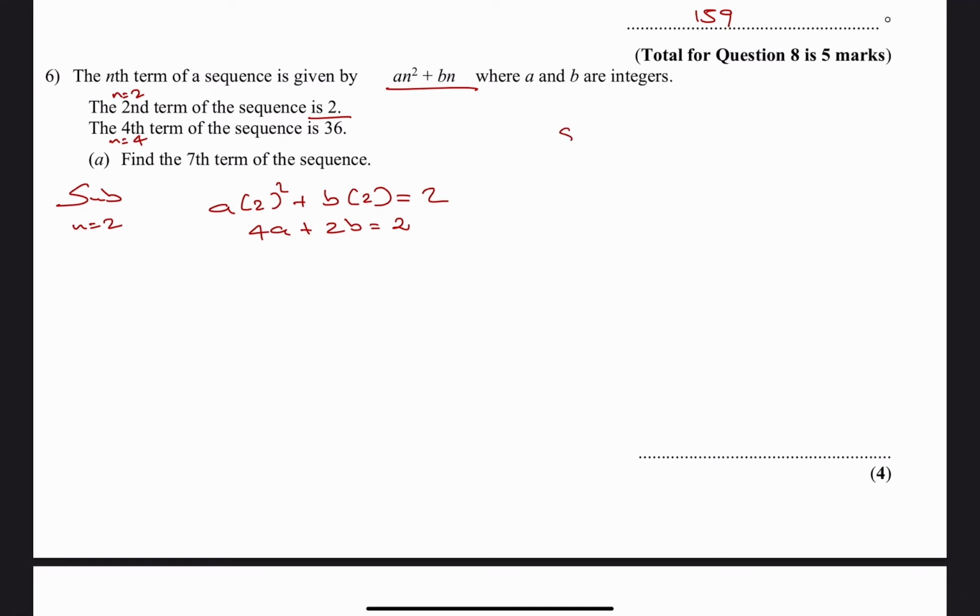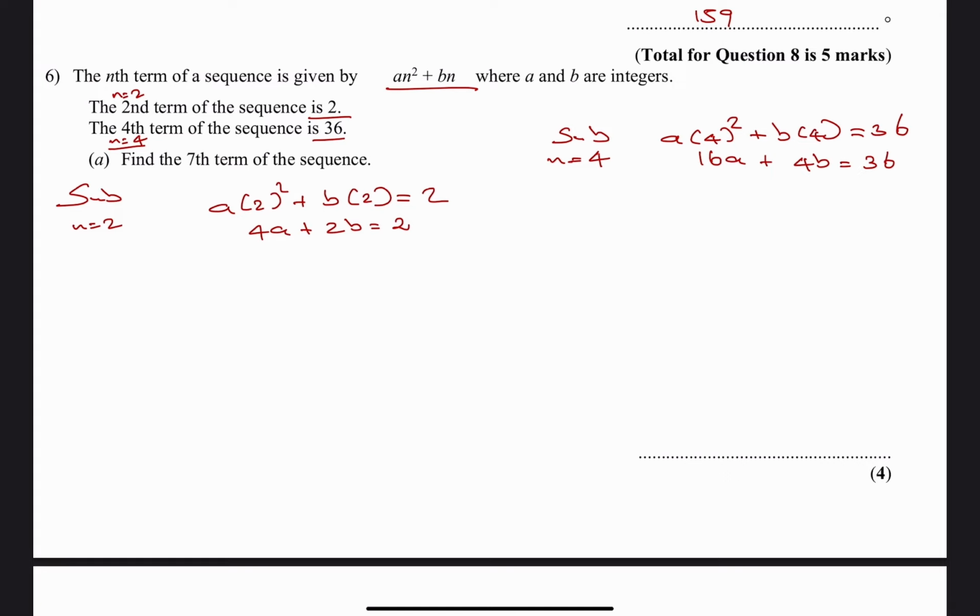N is 4 now. So a bracket n is 4 squared plus b bracket 4 should give you an answer of 36. 4 squared is 16, so that's 16a plus 4b equals 36.